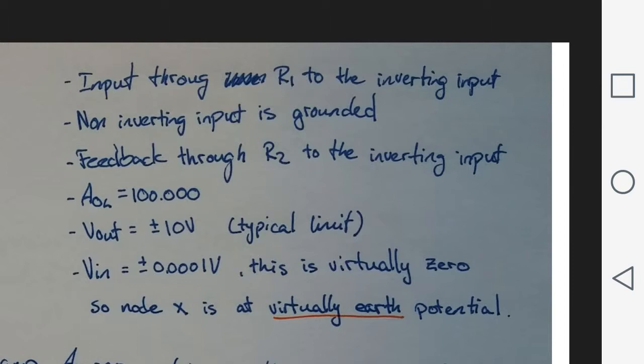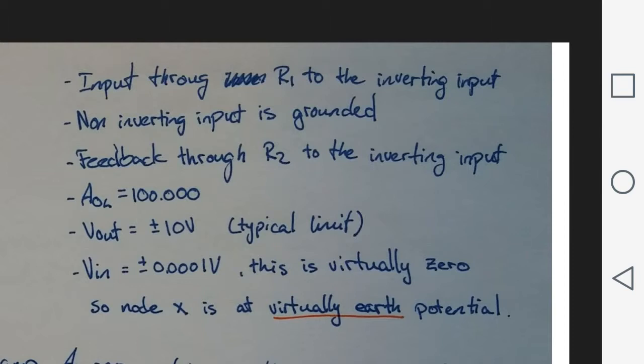Here we assume some typical values for this operational amplifier: an open loop gain of 100,000, and an output voltage of plus minus 10 volts, which is a typical limit that depends on the supply voltage.